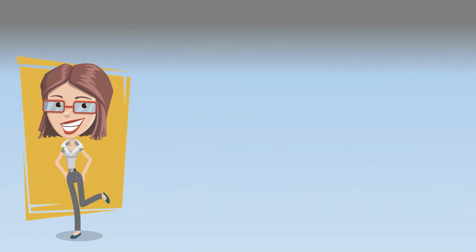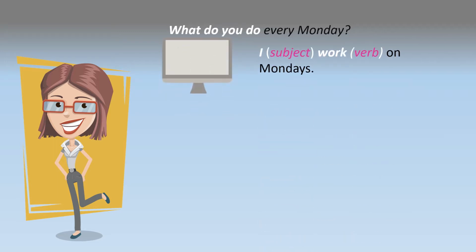Okay, we're going to practice this a bit more. In the next example, I want you to look at the questions and you're going to answer using I. What do you do every Monday? Now, I asked, what do you do every Monday? Therefore, you would say I, as the subject, work on Mondays. I work. Do not say I works.